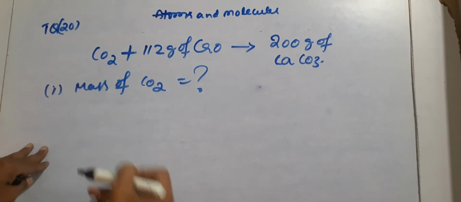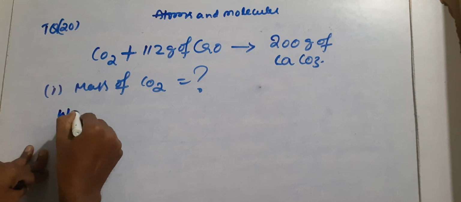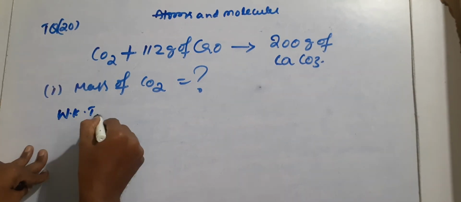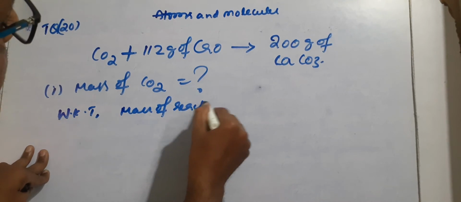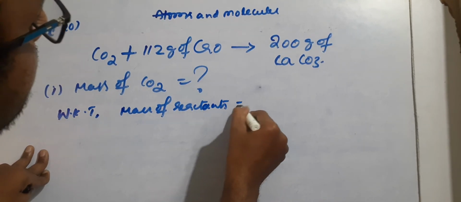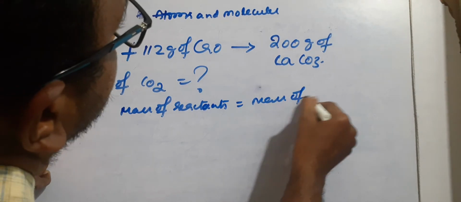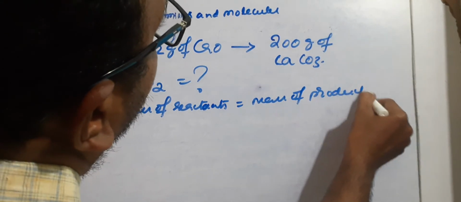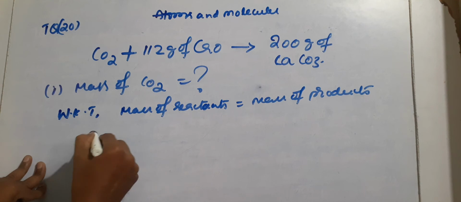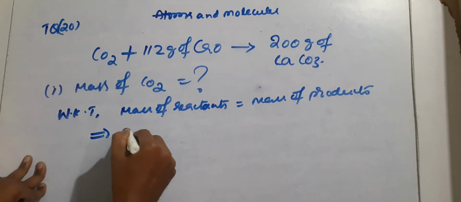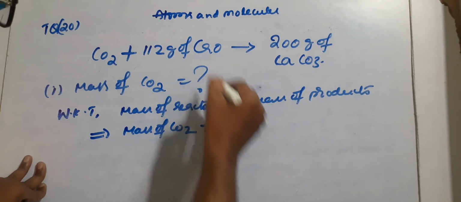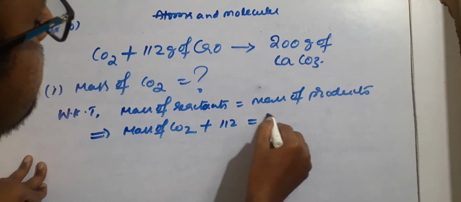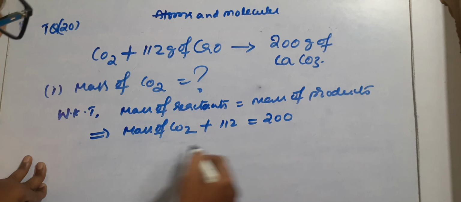That is why we know that mass of reactants equals mass of products from the law of conservation of mass. But we don't know the mass of carbon dioxide. So mass of CO2 plus 112 grams is equal to 200 grams.